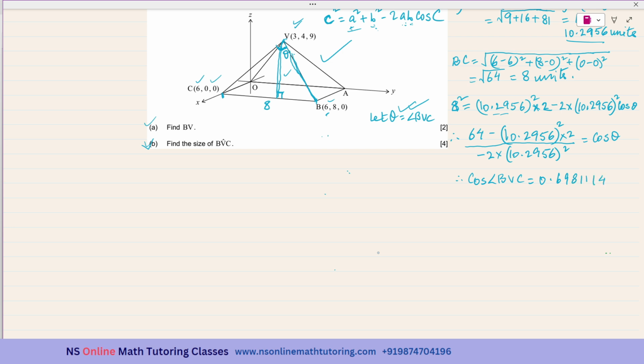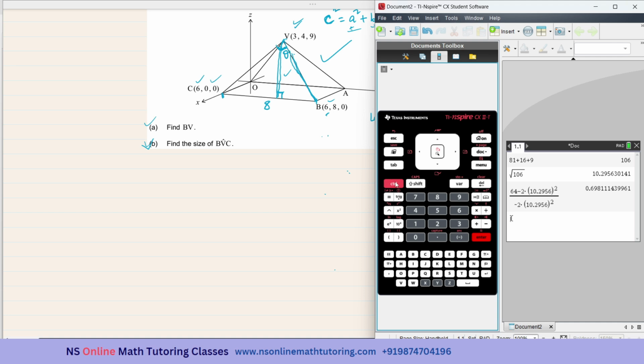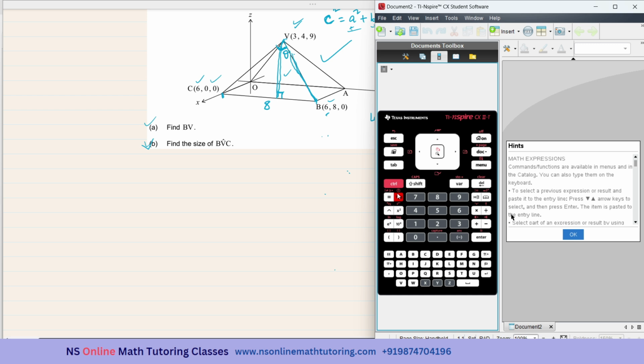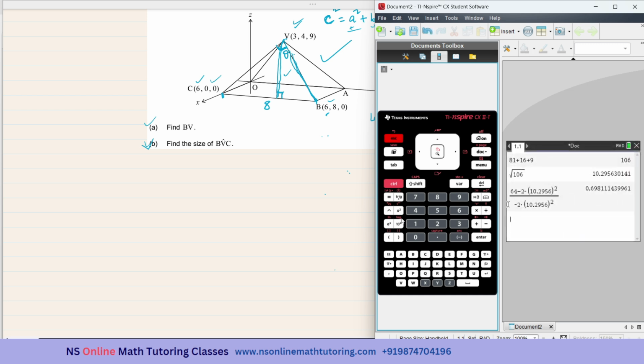In fact, I'm having more number of digits, which implies angle BVC is equal to cos inverse. So I have to take trigonometry and cos inverse and the answer.